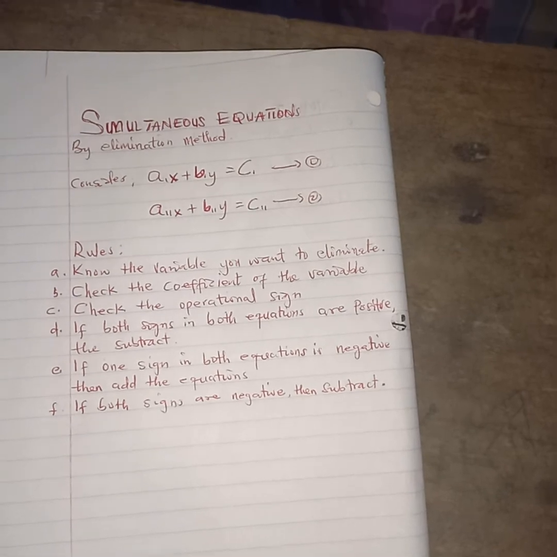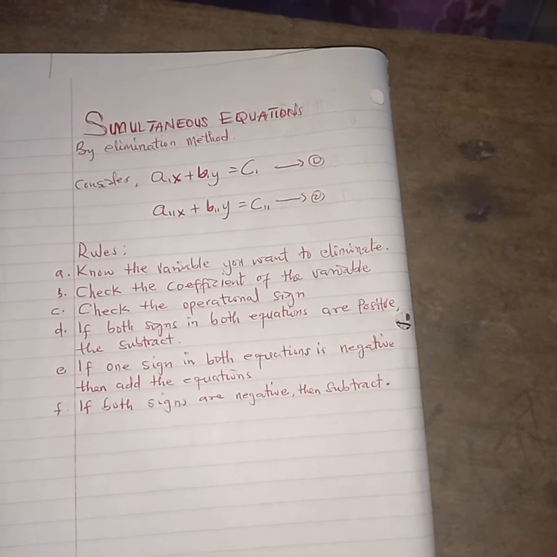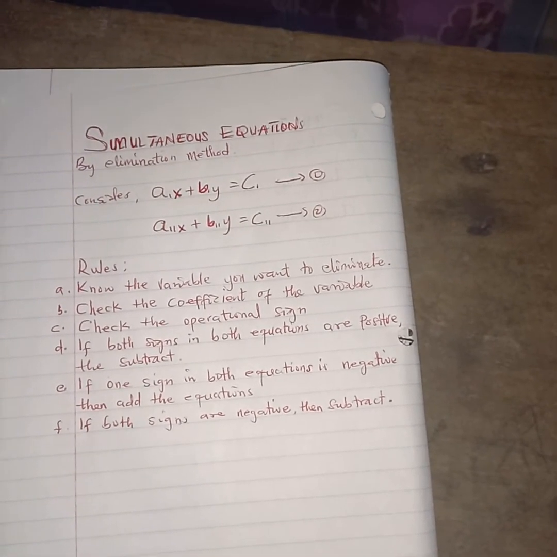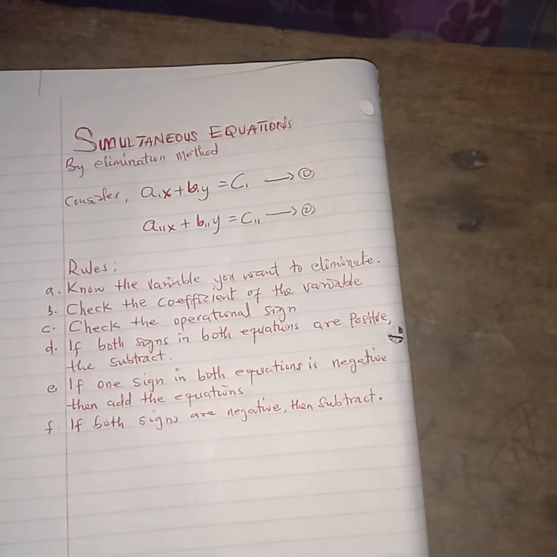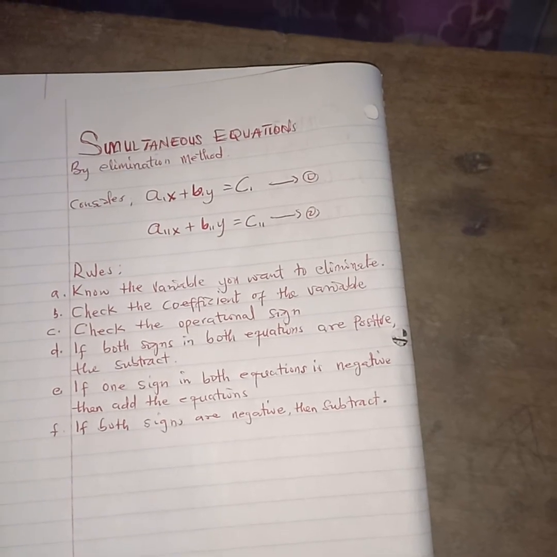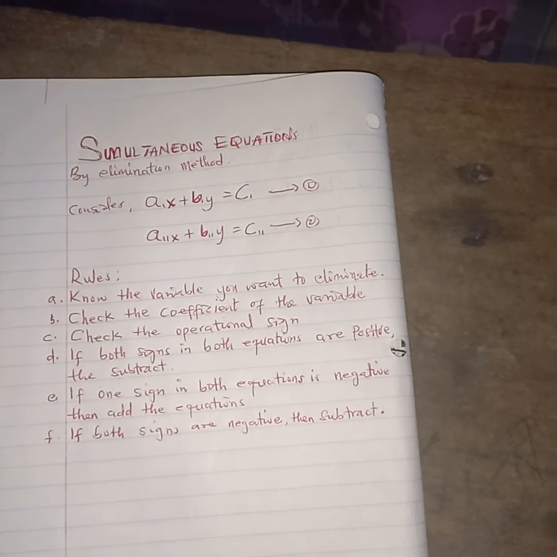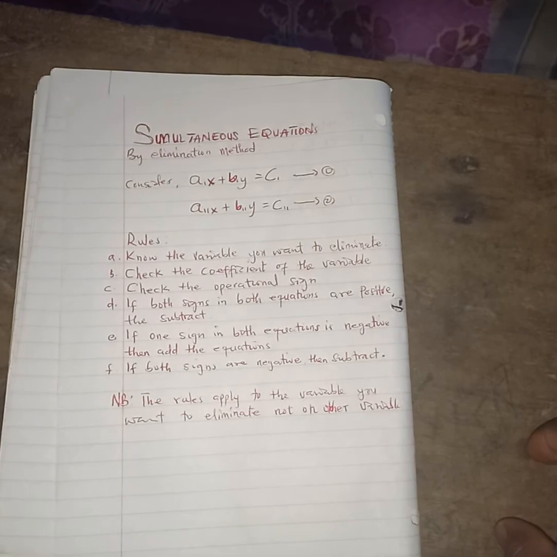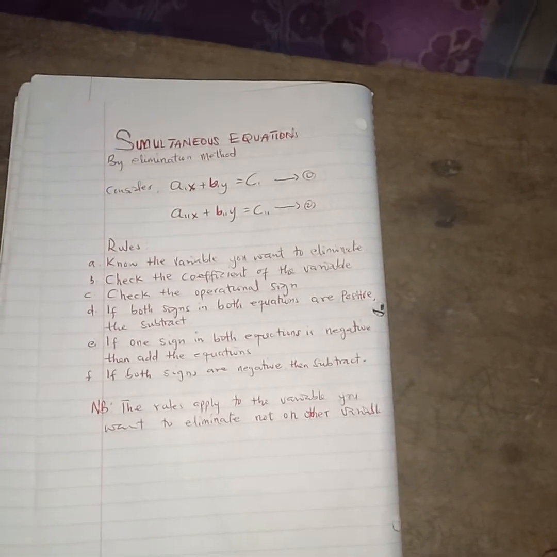Take it for instance, as we are dealing with the variable x, you will check if the operational sign of x in both equations is negative, just subtract for you to be able to eliminate your x. The last one I'll add is a note. The rules apply to the variable you want to eliminate, not on the other variable.